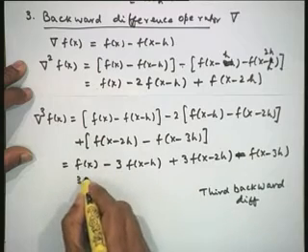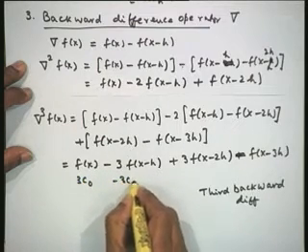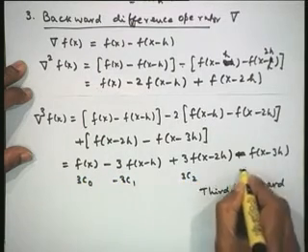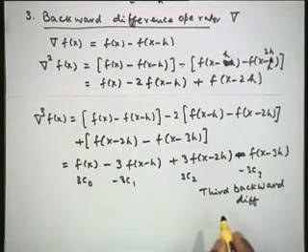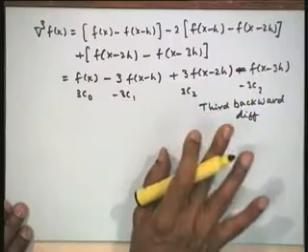Again, this is 3 C naught, minus 3 C 1, 3 C 2, minus 3 C 3, which is the same as the binomial coefficients which we had in the forward differences. Except that we are going in the backward direction, the coefficients are the same.